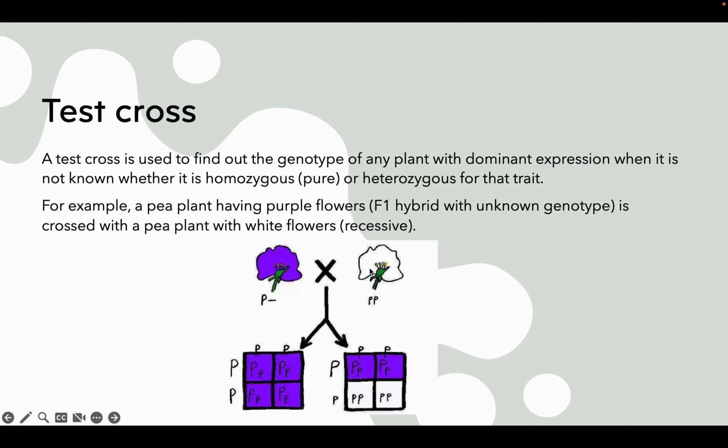We want to know this, so we cross them with the white flower, which is homozygous recessive, and then based on whether both are capital, or one is capital and one is small, we get different ratios. If both are capital, we get all purple flowers, but if it's heterozygous, we get a 1:1 ratio. So this test is used to know whether the genotype is homozygous dominant or heterozygous.